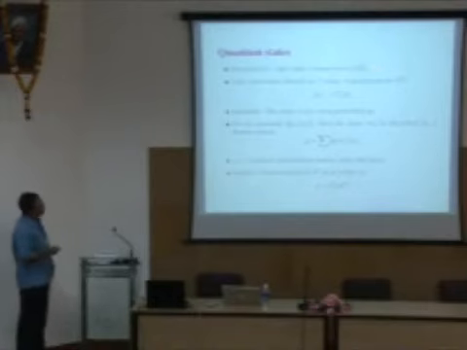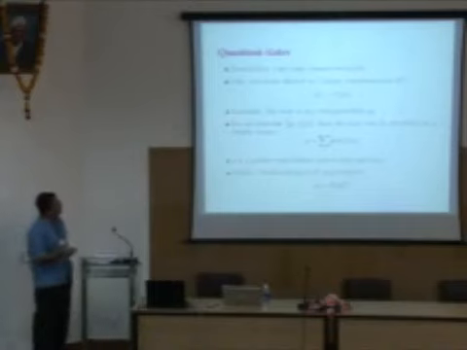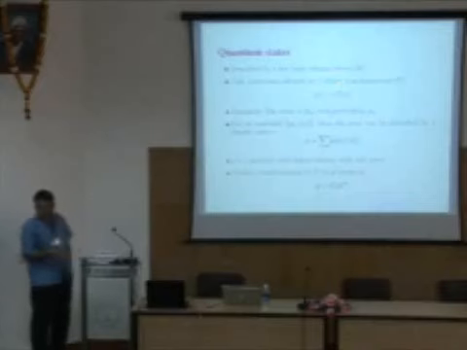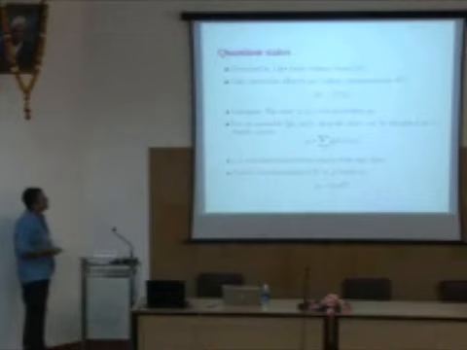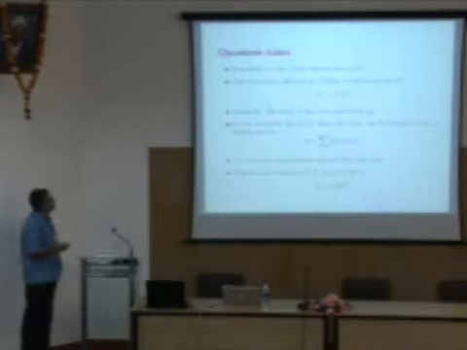The only operations which are allowed are unitary transformations. You can multiply this column vector, ket psi, with a unitary matrix. A unitary matrix is one where, if you multiply it with its dagger, which is the conjugate transpose, you get an identity matrix. So psi can go to U times psi.